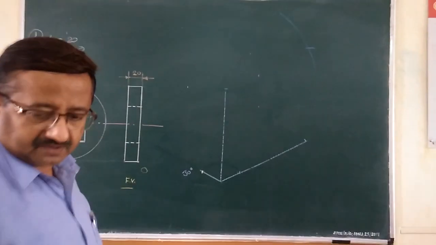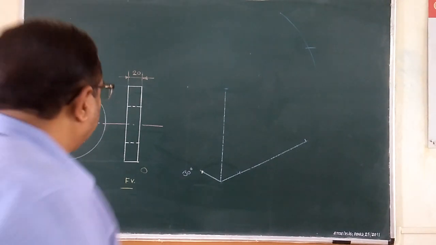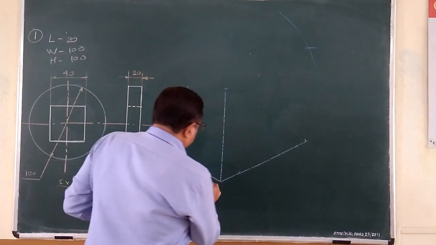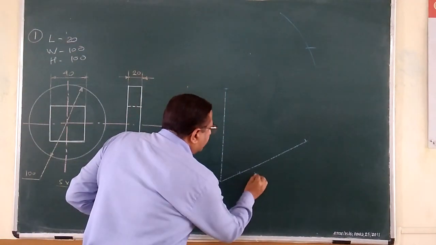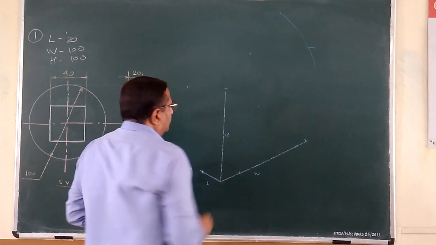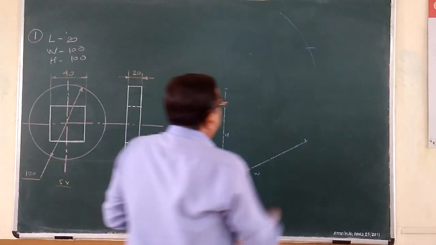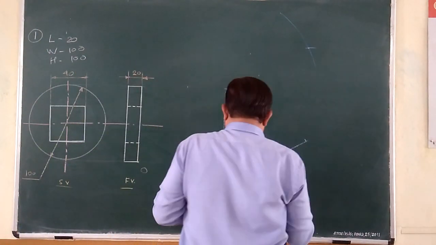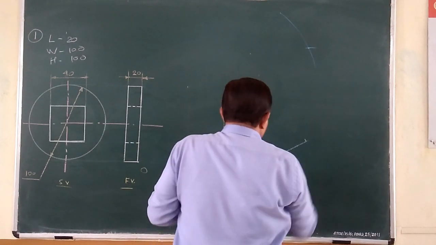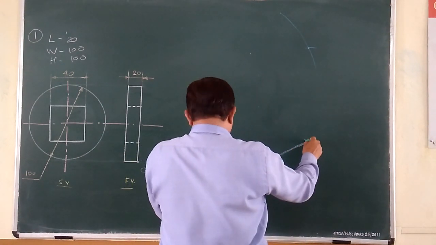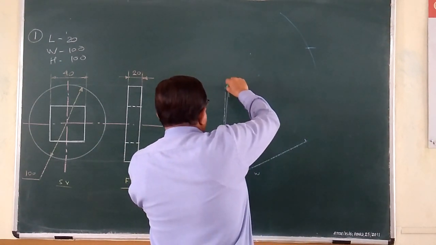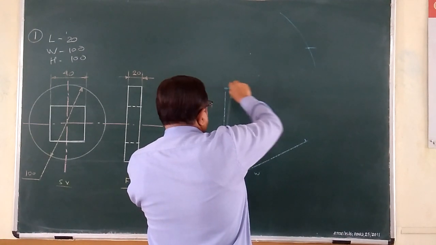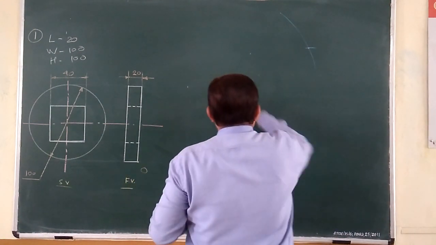For construction of the box, L on this side you mark, width on this side you mark, and height vertically you mark. With these three parameters, we have to finish the initial task, that is construction of the three-dimensional empty box. Simply an empty box.